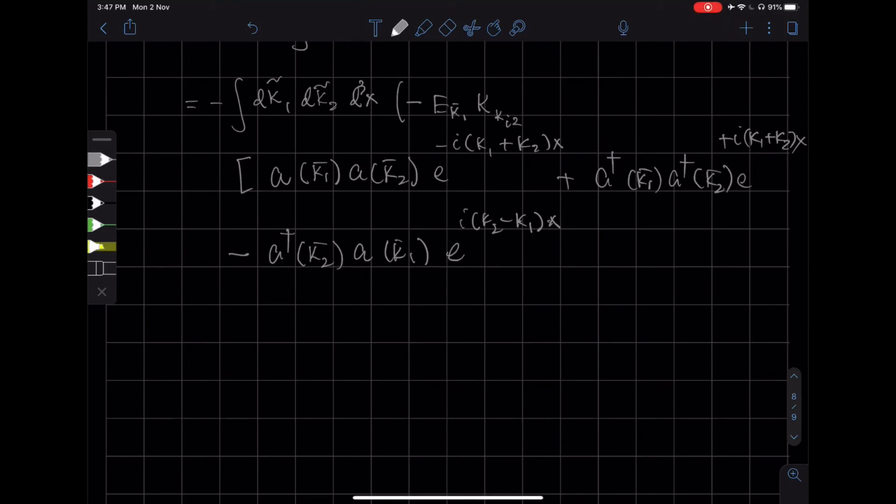And then we are going to have the last term, which will be minus a dagger k1, a of k2, e to the power I (k1 minus k2) x.